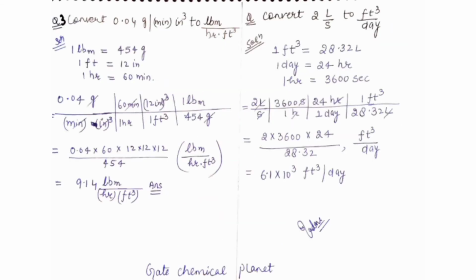Question number three is convert 0.0 gram per minute into inch cube to lbm per hour into feet cube. So here we will apply some conversions. 1 lbm equals 454 gram, 1 feet equals 12 inch, and 1 hour equals 60 minutes.